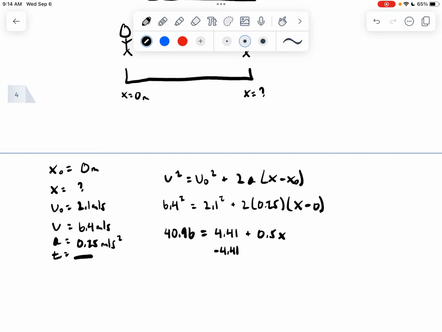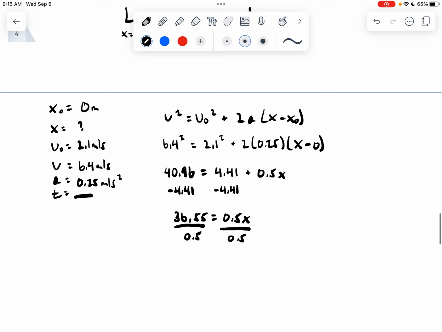We'll subtract over our 4.41, which gives us 36.55 equal to 0.5x. Final step is we'll divide both sides by 0.5. So we know that over this leg of motion, our sprinter is going to be running a distance of 73.1 meters.